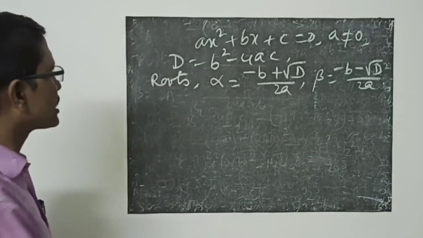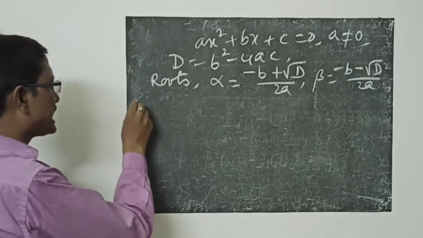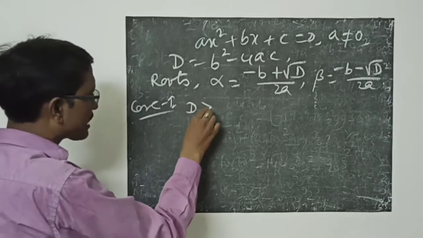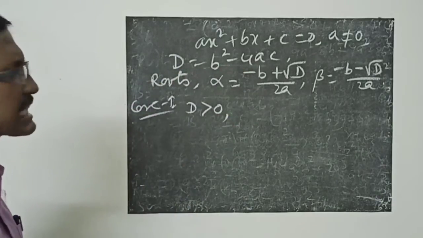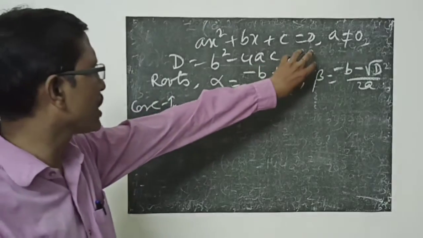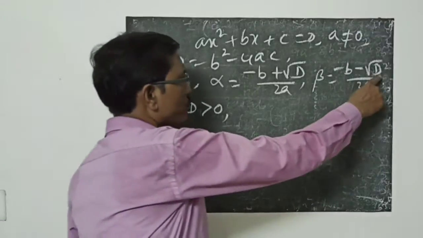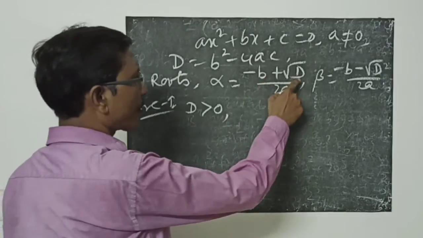Suppose D, that is b square minus 4ac. Case wise, if D is greater than 0, that means b square minus 4ac is greater than 0, so it has a particular value. Root D is also a real number, so the numerator is defined.